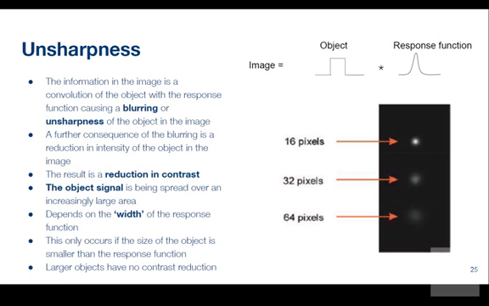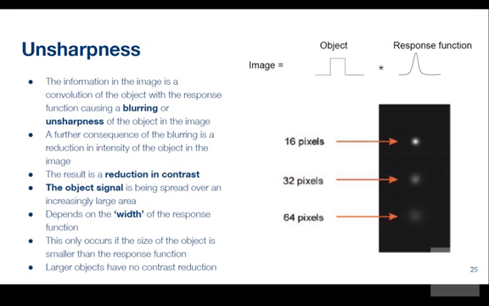Okay, so you can see this here, that depending on if we've got increasingly broader response functions, as well as getting a blurring, we're also getting a loss of contrast, and it's becoming harder to actually see that object. So it's going to depend on the width of our response function, and that's what those numbers there are referring to.